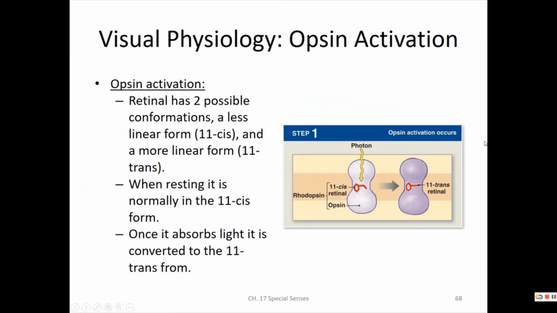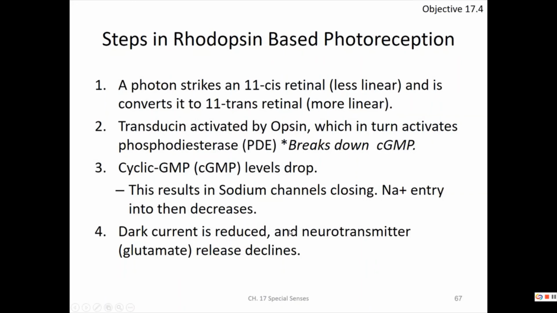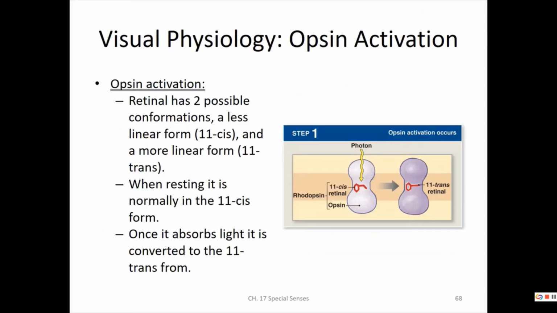So what happens is, step one, a photon hits this 11 cis retinol, turns it to 11 trans retinol. It straightens out. 11 cis means it has not absorbed light. 11 trans means it has. Now, when that happens, this molecule detaches and it exposes an enzyme complex that activates transducin.